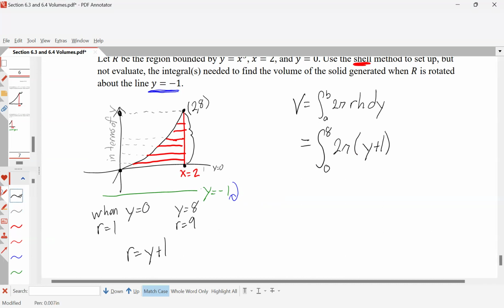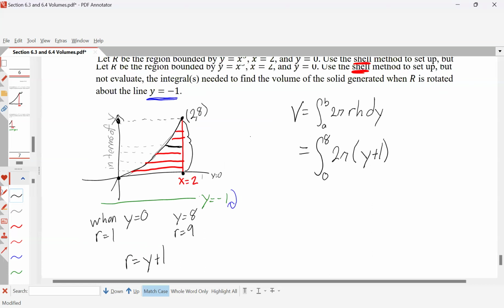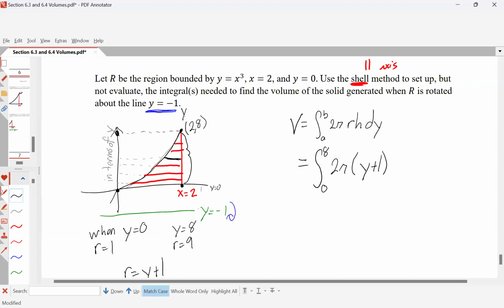This height here is this farthest line x equals 2 minus this curve, which is defined by y equals x cubed, but we want things in terms of y.